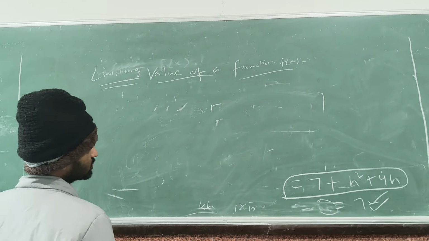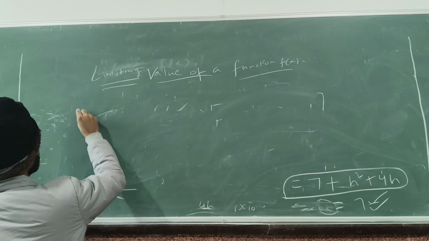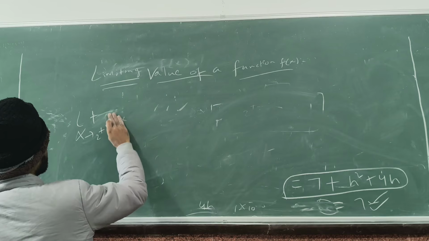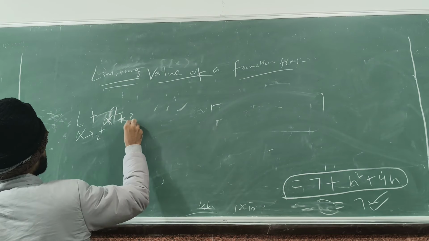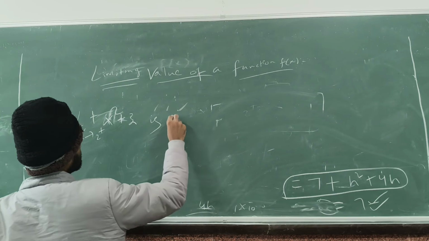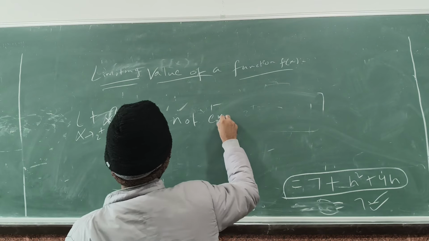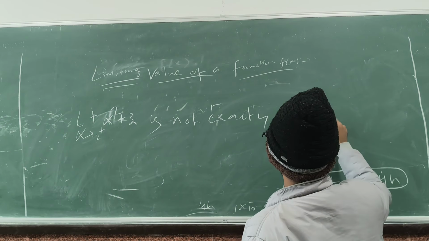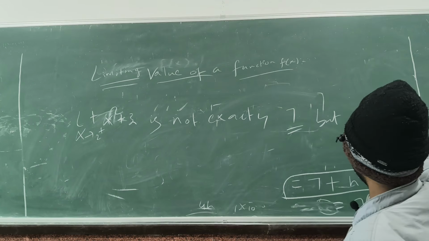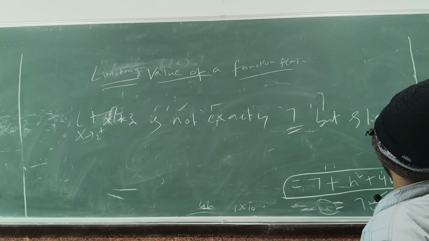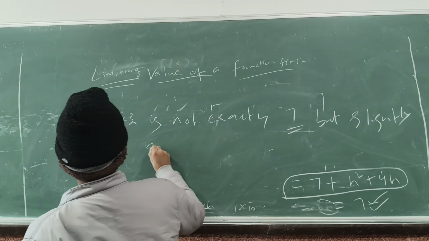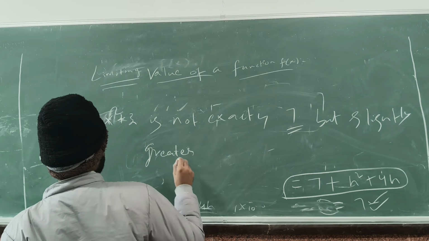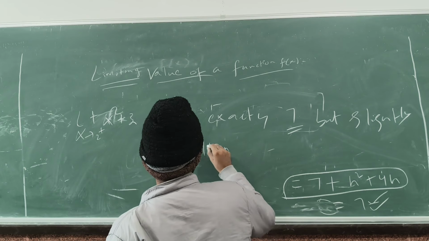But we can see here that the limit x tends to 2 plus of x square plus 3 is not exactly 7 but slightly greater than 7.